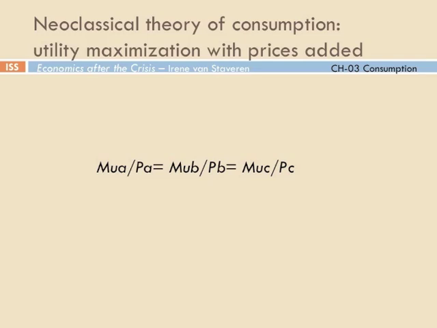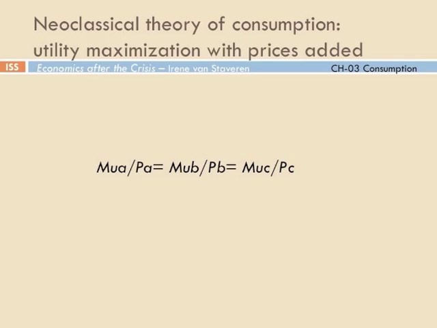Now that you understand the intuition of the law of diminishing marginal utility, I'm afraid I have to give you the equation. The equation says that the marginal utility of good A divided by the price of good A equals the marginal utility of good B divided by the price of good B equals the marginal utility of good C divided by the price of good C, and on and on.